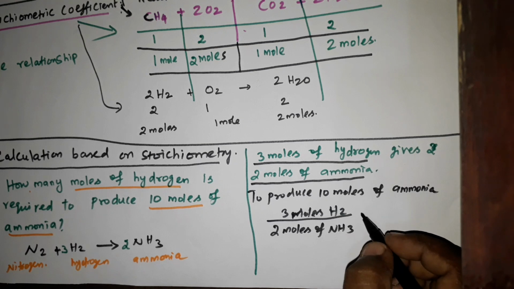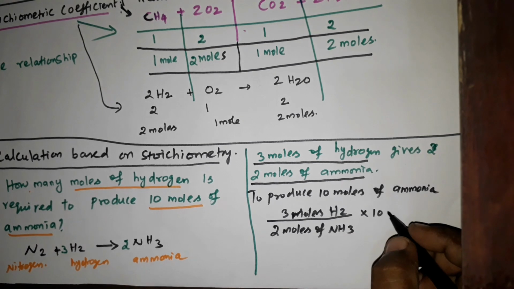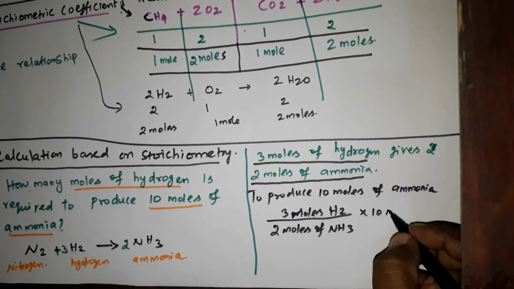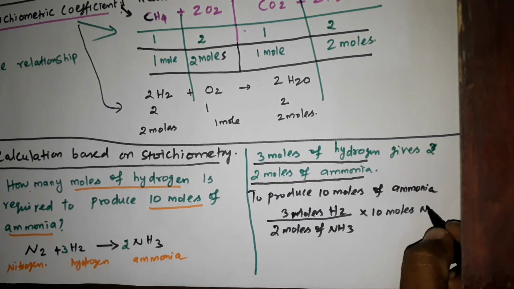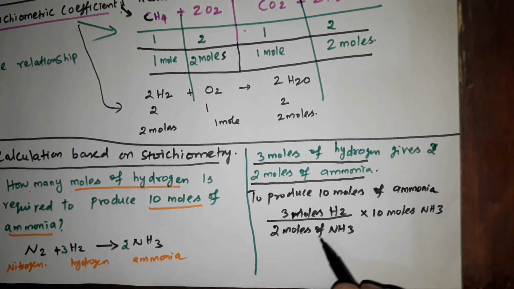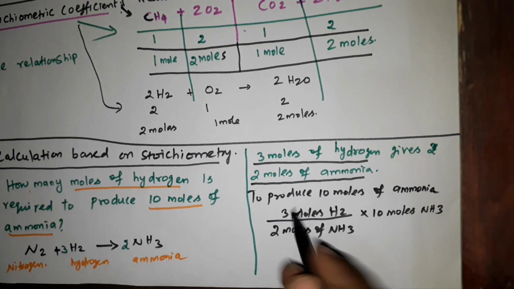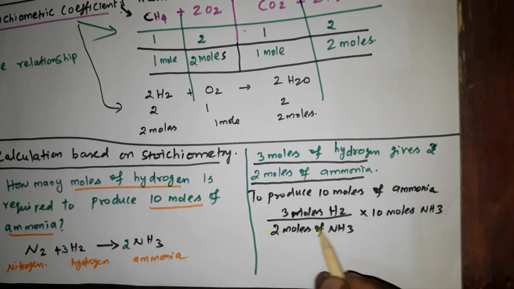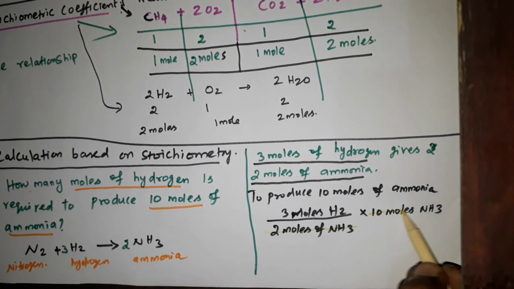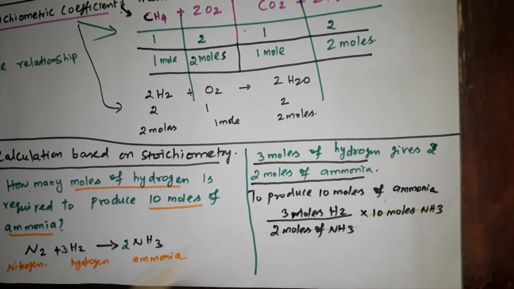Then to get 10 moles of ammonia, multiply by 10 moles. So you can cancel this 2 moles of ammonia, here 10 moles of ammonia cancel, then we will get 5.